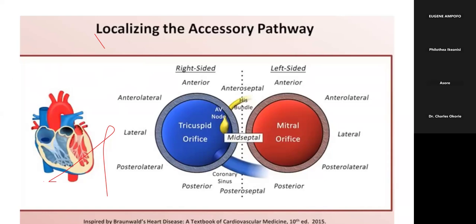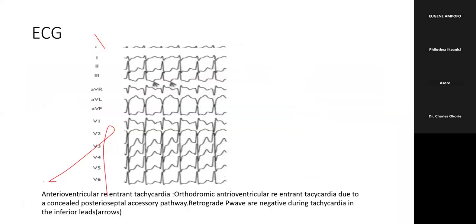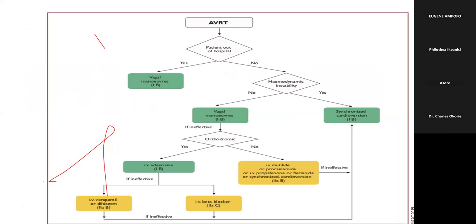So in management of AVRT, according to the ESC guideline, if the AVRT is symptomatic and recurrent, if yes, we go straight to catheter ablation. If no, we use drug therapy.